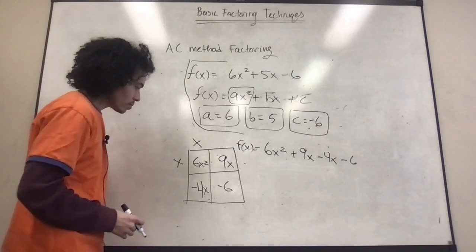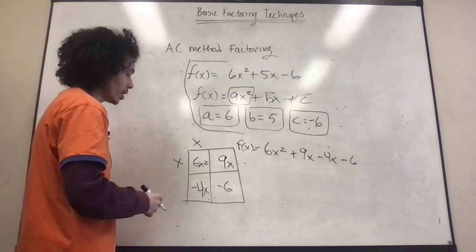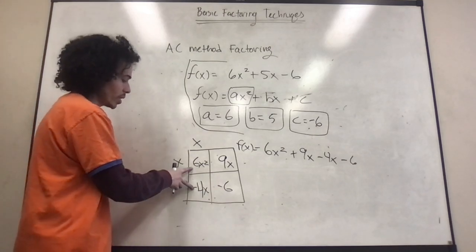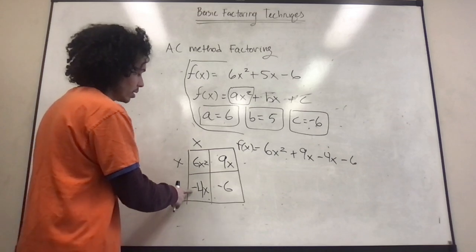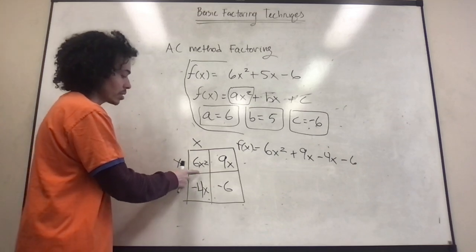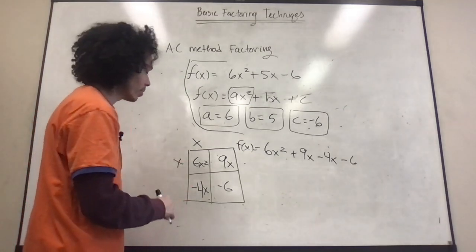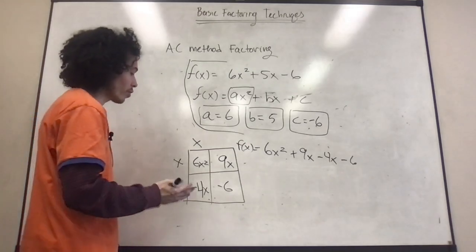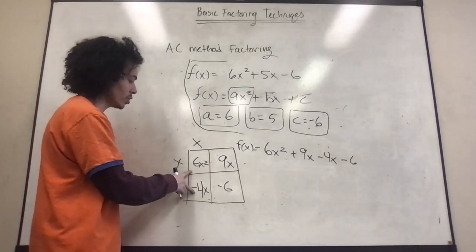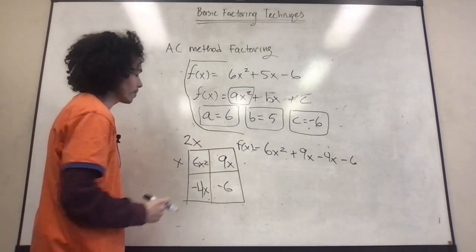Now we can divide -4 and 6, both of them, by 2. Therefore, 2 is a factorable number out of these two numbers, so we can say 2.